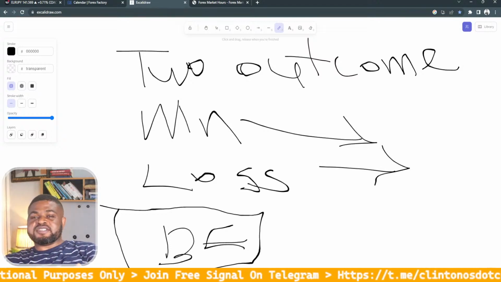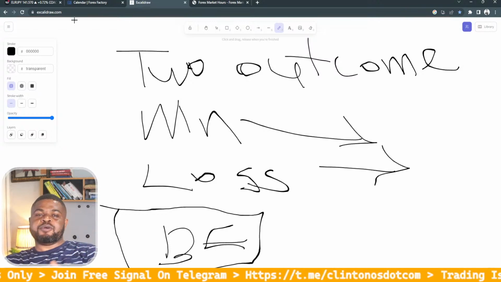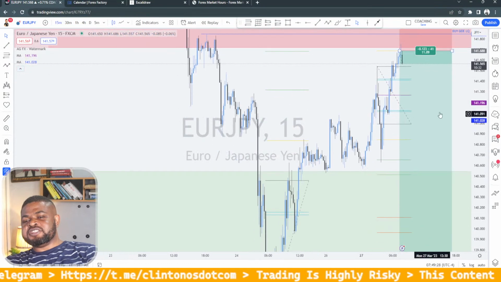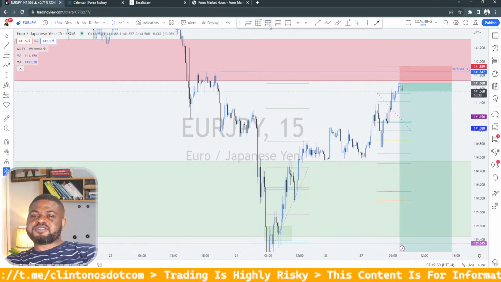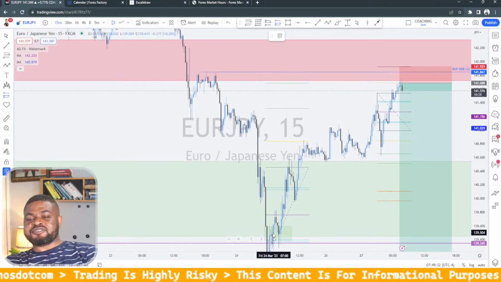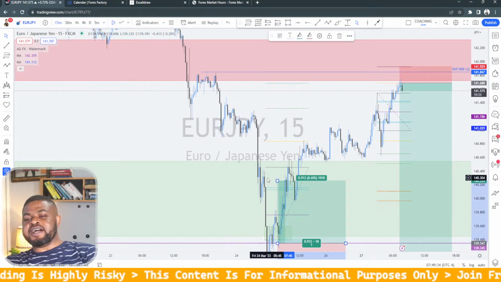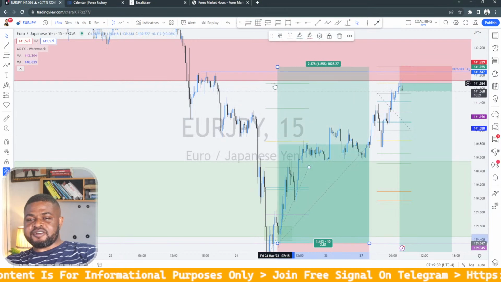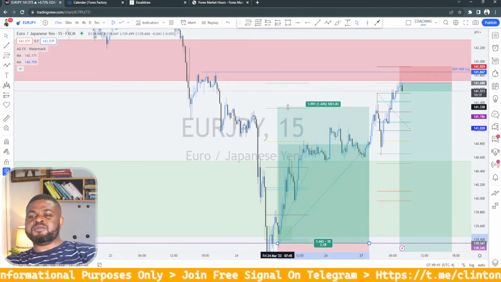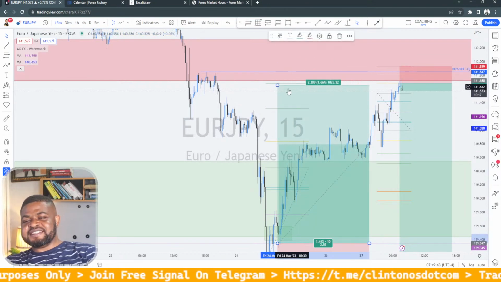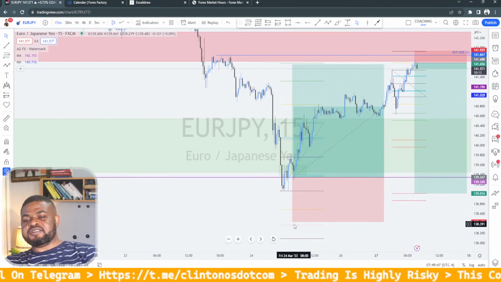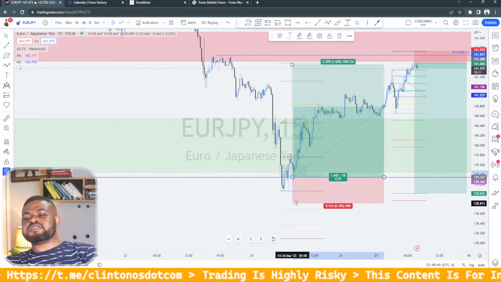Because as you can see, this is the live example. I thought this trade loss probability, right? And look, after waiting for such a long time for the setup to play out, the setup played out, and see what I would have gotten: at least 1%, if not more, the minimum 1%, right?